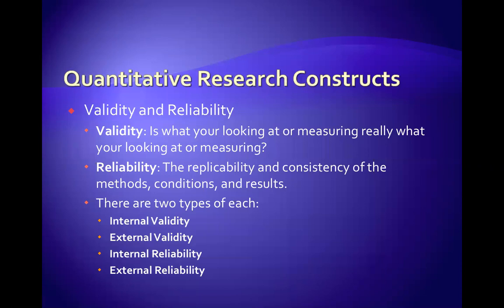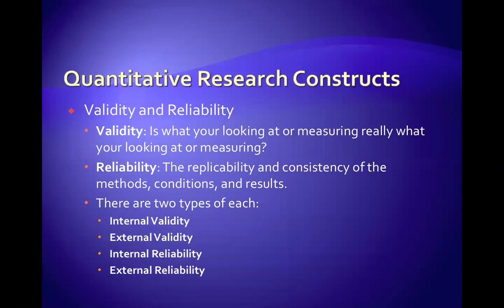How do you know that you're not looking at, studying, or measuring something else? Or how do you know your intervention is really honed in on what you think it's honed in on? And that's validity. Whereas reliability is replicability and consistency of your studies, or of your methods, conditions, and results.